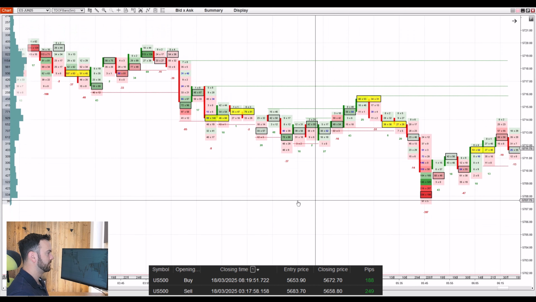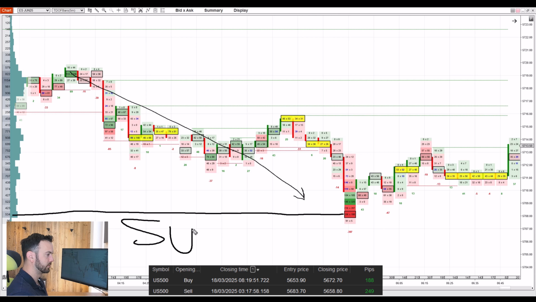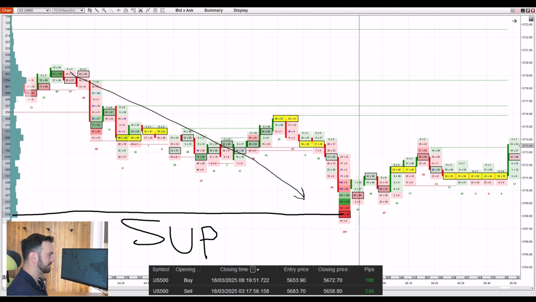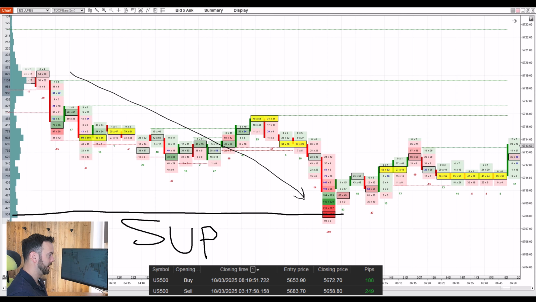So what you see before you, this is a 5-minute order flow chart. It is a bid-ask chart. And in here, you can see how the price was dropping towards the support. This was the support. And when the price hit the support, and let me zoom this in some more. When the price hit this support, massive volumes started to appear both on bid and on ask.